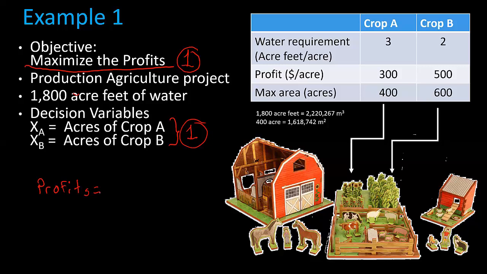The profits can be estimated for crop A by multiplying how much you get out of an acre of crop A, which in this case is 300, times the number of acres that you are producing of that specific crop, in this case XA, plus how much you get out of planting crop B times the acreage of crop B. So that will be writing the objective function.